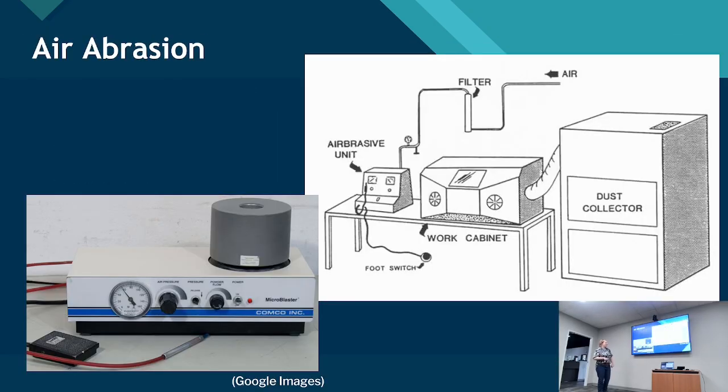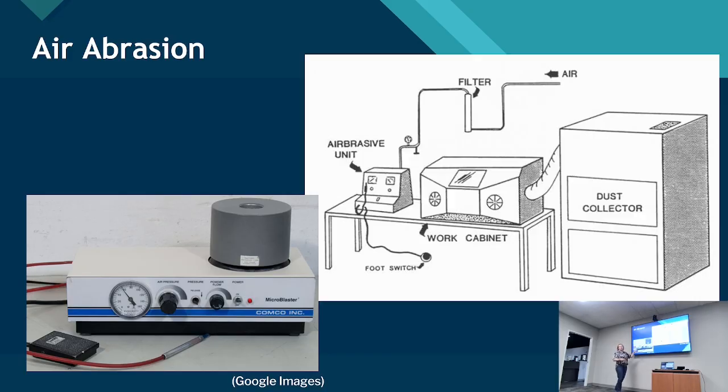So air abrasion. Again, it's glorified sandblasting in fossil preparation. It actually has its origins in around the 1890s, if not a little bit earlier. And we basically use it to prepare very delicate fossils or areas of the bone that just are a little bit harder to clean by hand. And so typically we have a work cabinet, the machine itself, which usually looks like this.